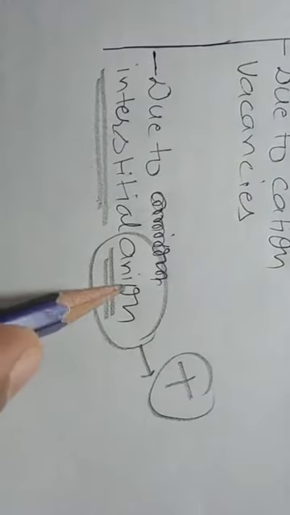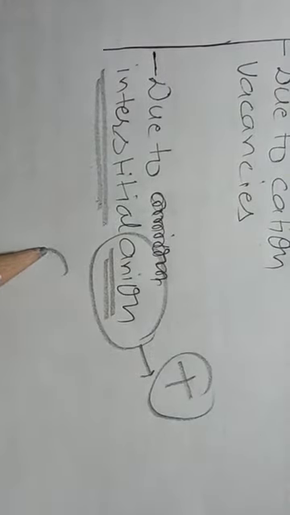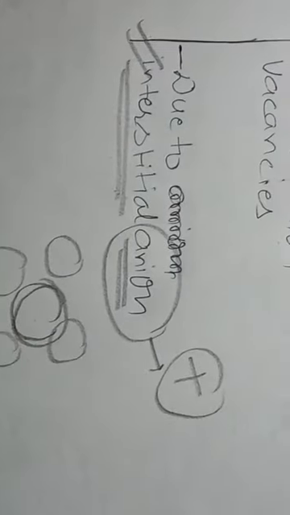So the interstitial site will not have such area in which this comparatively larger anion can be occupied easily, and that is why this type of non-stoichiometric defect is generally not shown by substances. Okay, students.